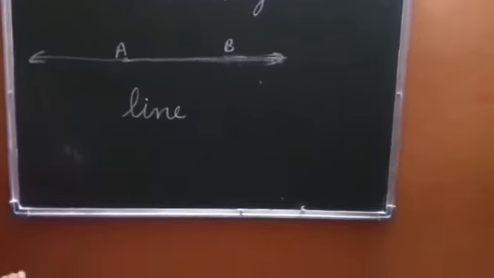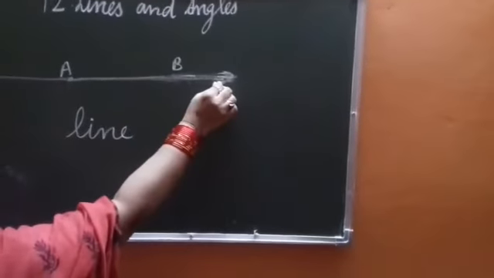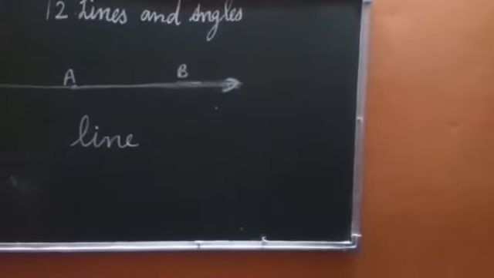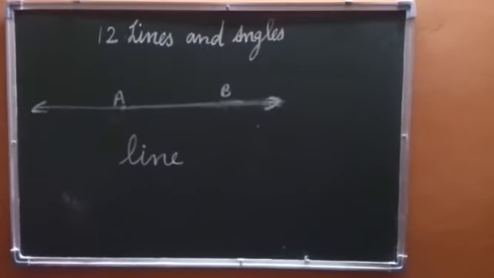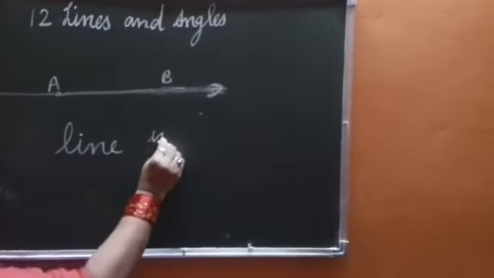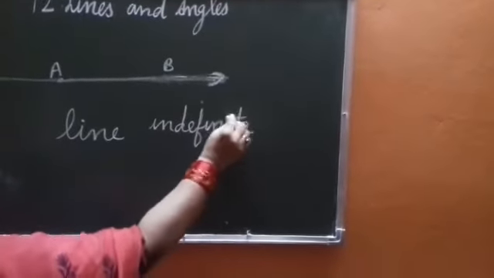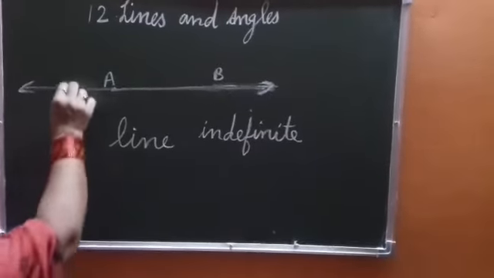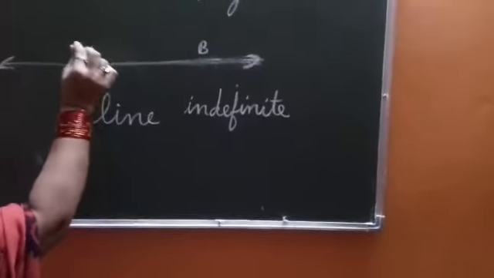A line has no fixed endpoints. इसका कोई fixed endpoint नहीं होता. ये दोनों डायरेक्शन में हम कहीं तक भी इसको बढ़ा सकते हैं, इसीलिए इसकी कोई लेंथ नहीं होती, हम इसकी लेंथ को मेजर नहीं कर सकते. Its length is indefinite, it has no fixed length. A line segment only has a fixed length. A line does not have any fixed length because it can be extended endlessly in both the directions. So this figure is known as a line.